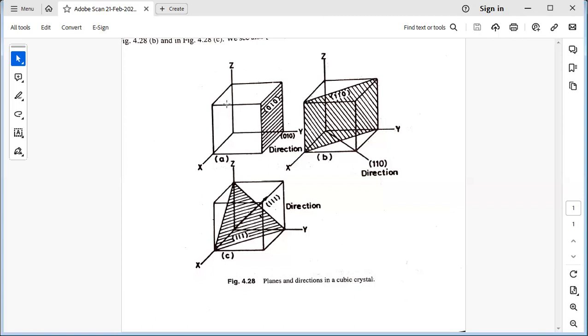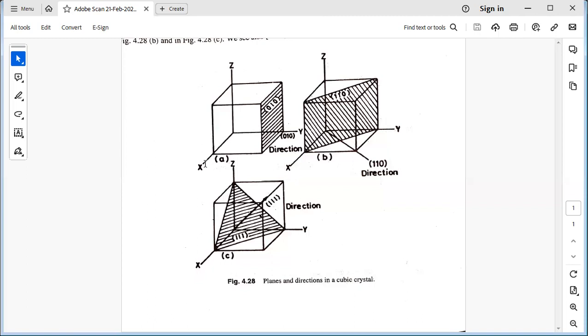Here we have taken the edge of the unit cell as unity. That means from the origin to this corner is 1, and all the edges of this unit cell are 1. So what are the crystal directions now?